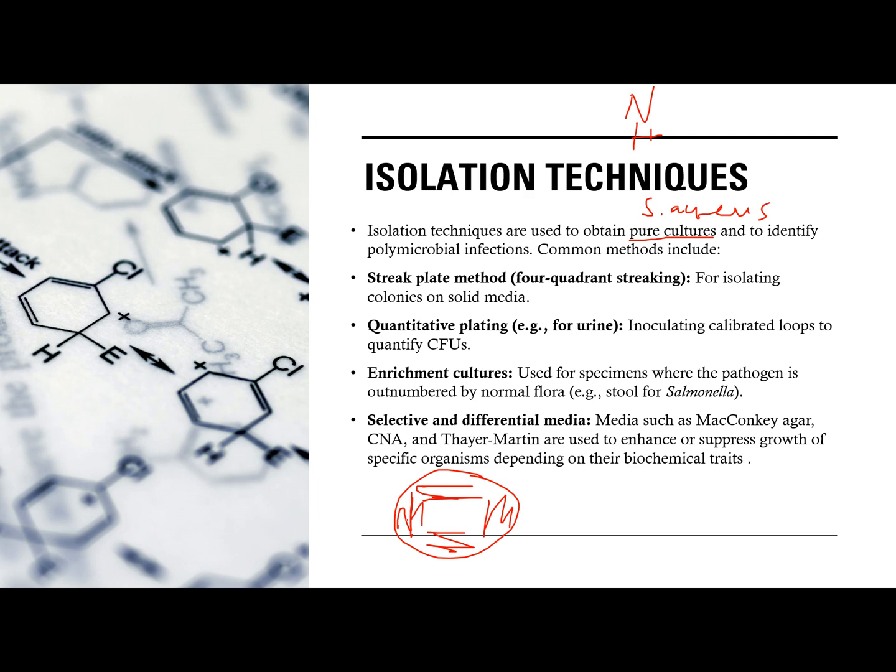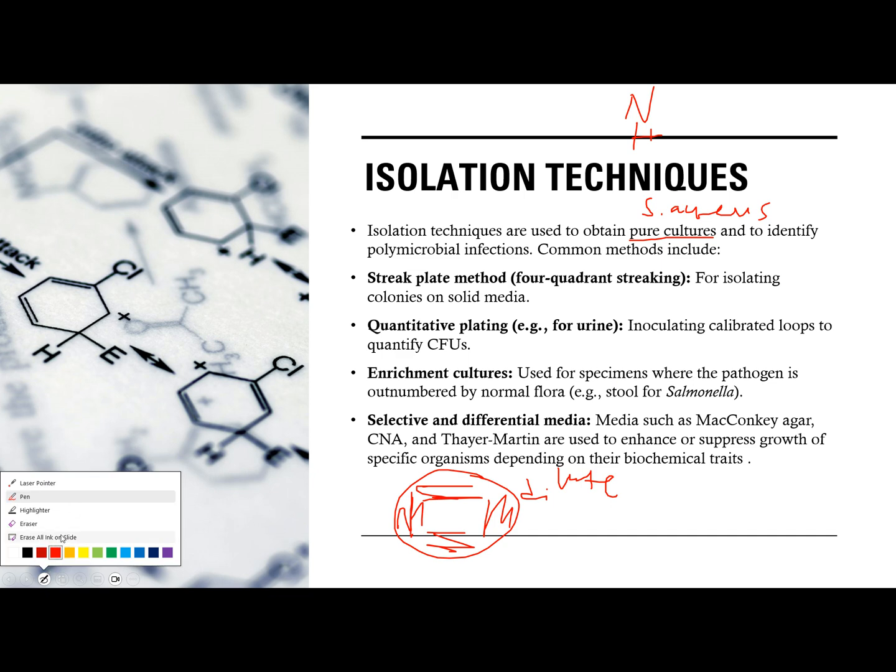And as per knowledge, kunwari lang class, just to give an example, blue colonies yung natira, let's say that is S. aureus. So you could do that. By doing a four quadrant streaking, mas dinidilute mo yung dami ng bacteria per quadrant. The last quadrant would usually have the purest organism.